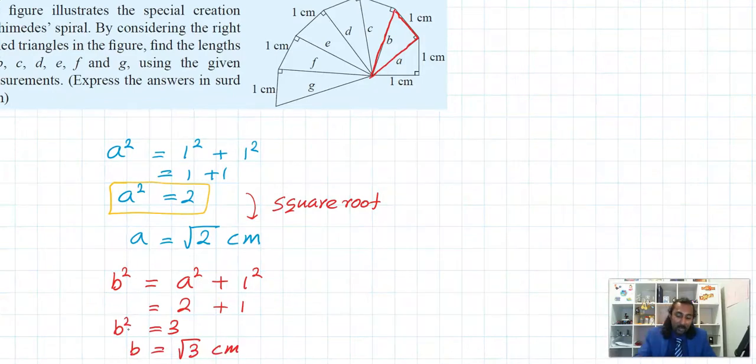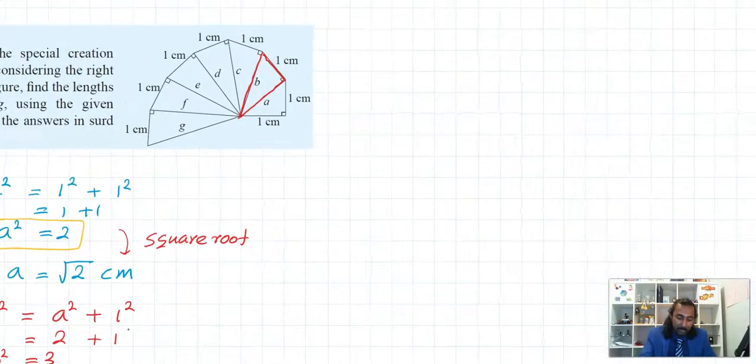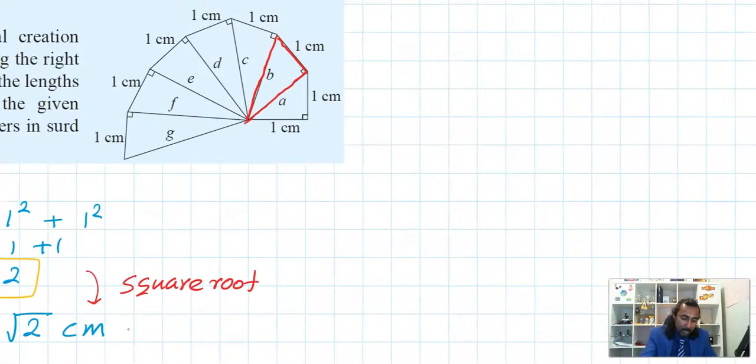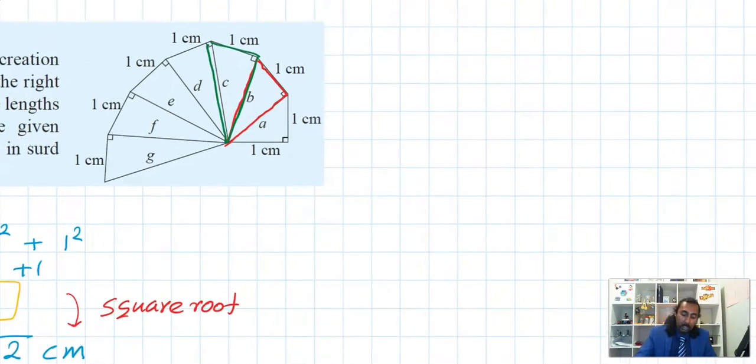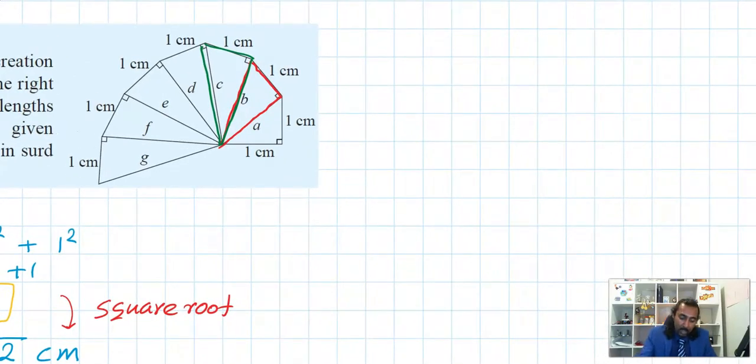Let's go into this side. I'm going to look at this triangle, the one that I just covered with the color green. Okay, what do I have? c squared, the diagonal, is equal to the sum of the two sides.